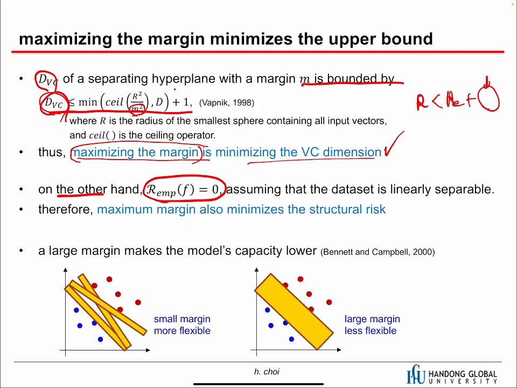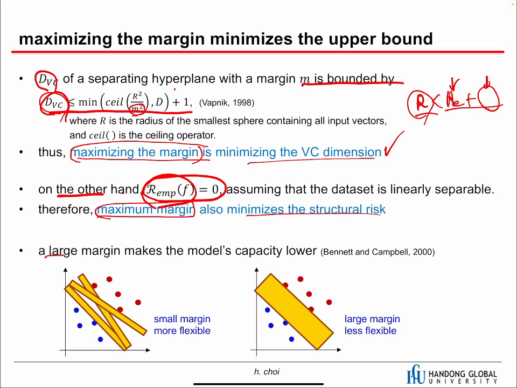With the maximum margin, the data is separated perfectly, which minimizes the empirical risk, and actually it is 0. So maximum margin also minimizes the structural risk, and the upper bound gets smaller and tighter. So we are actually minimizing the risk, which we can guarantee with some probability.